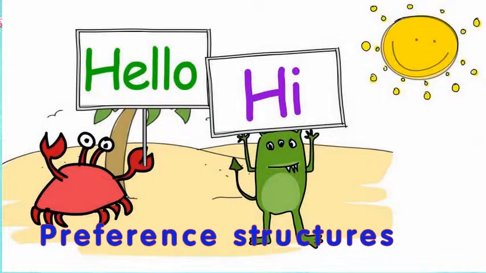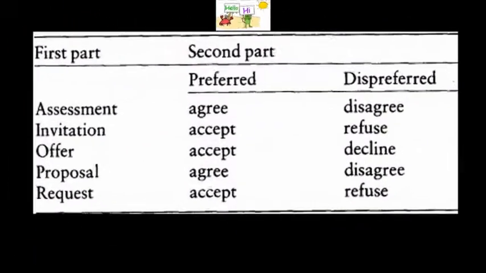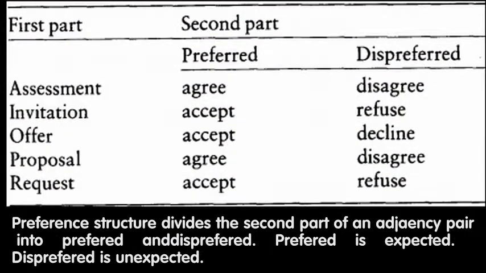Yeah, you can expect hi or hello in return. Why? Because it's more likely for the response to be hi or hello other than something different. In other words, you prefer the response to be hi or hello as well. This is called preference.